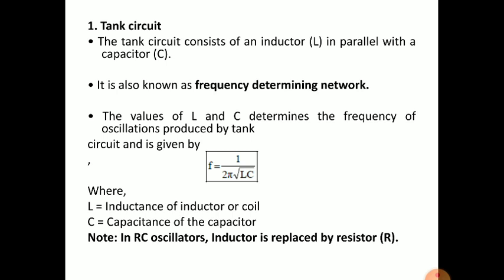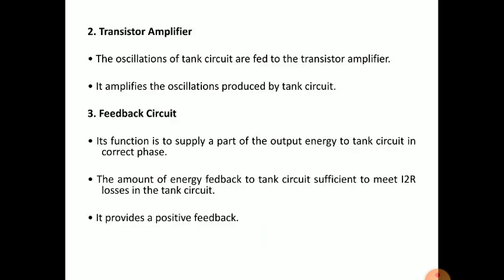And the feedback circuit does the most important job here, because it should produce a positive feedback that is in phase with the tank circuit's oscillations, and compensate the energy loss.